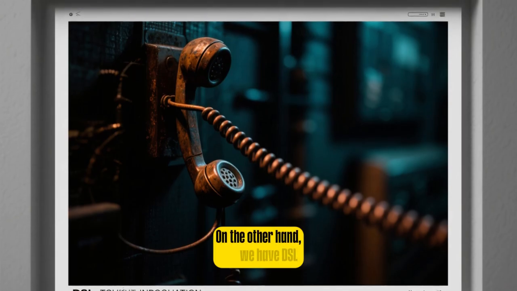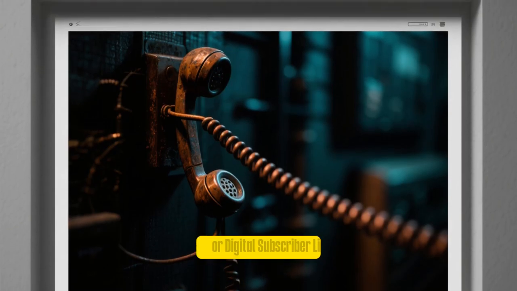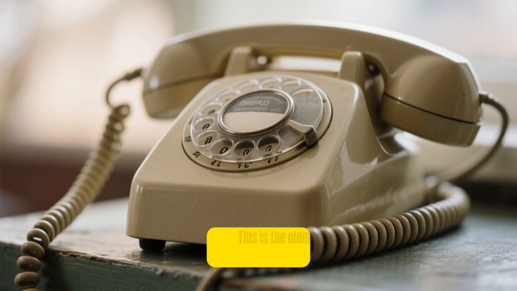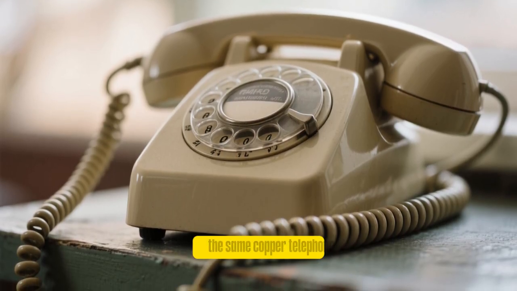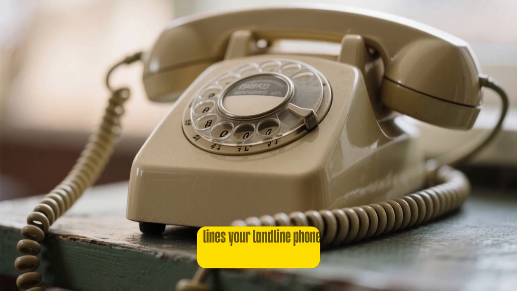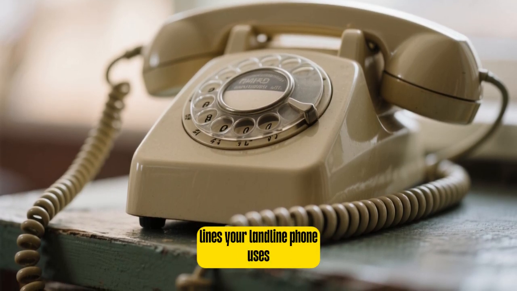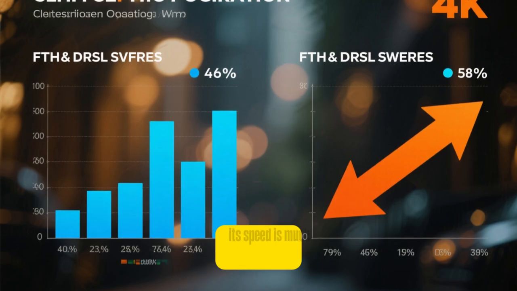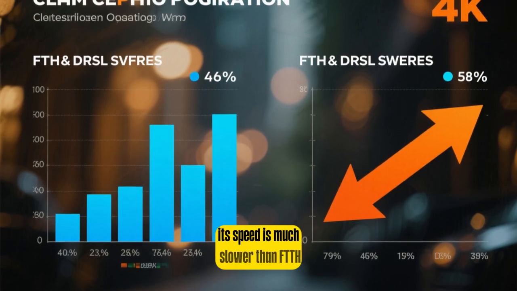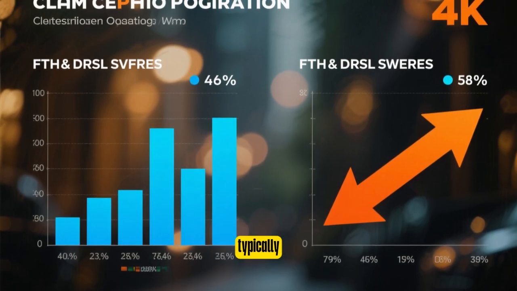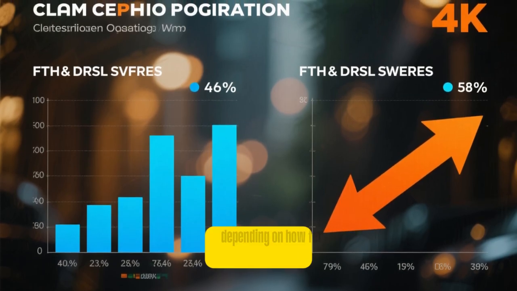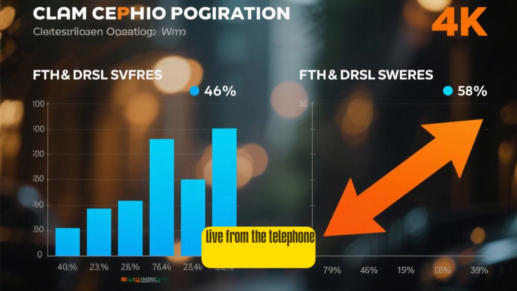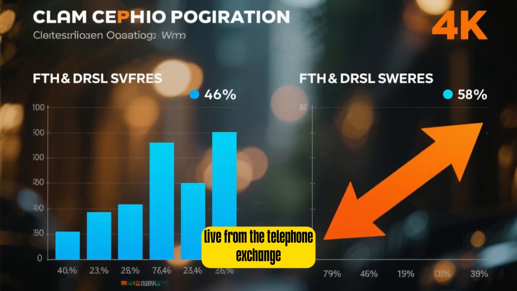On the other hand, we have DSL, or digital subscriber line. This is the older technology that uses the same copper telephone lines your landline phone uses. Because of this, its speed is much slower than FTTH, typically ranging from 5 to 50 Mbps, depending on how far you live from the telephone exchange.